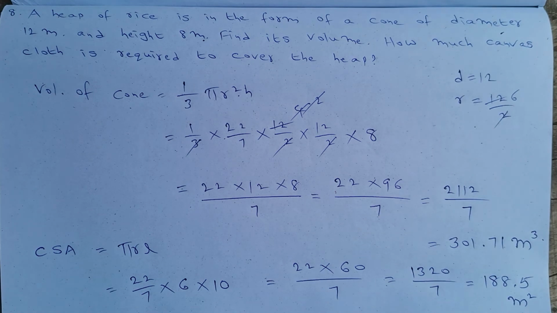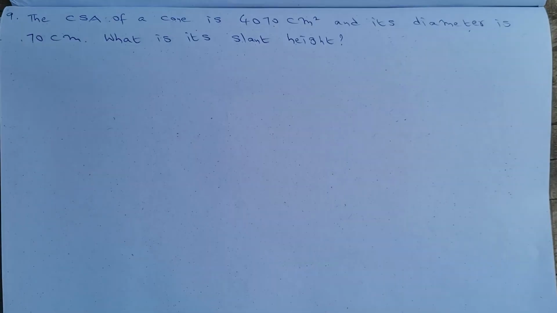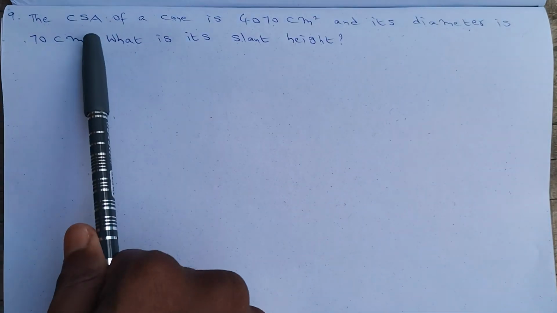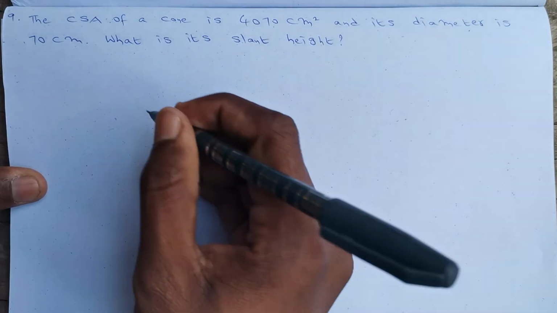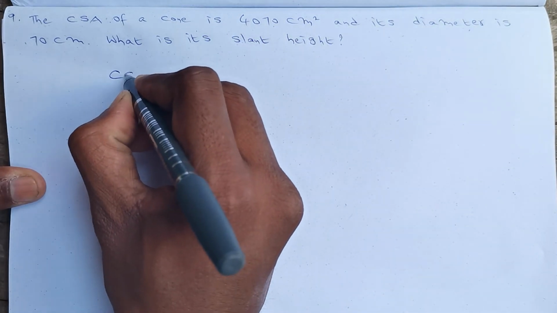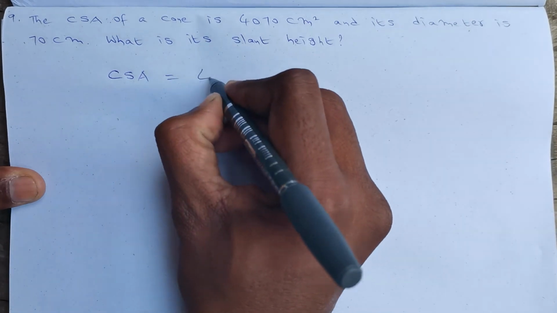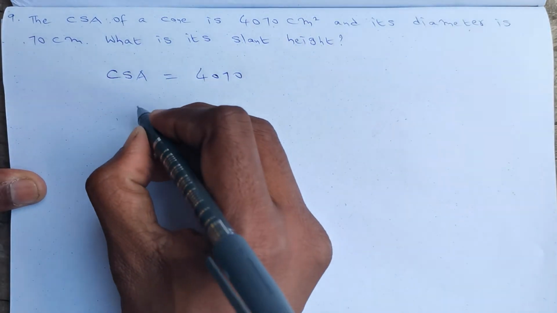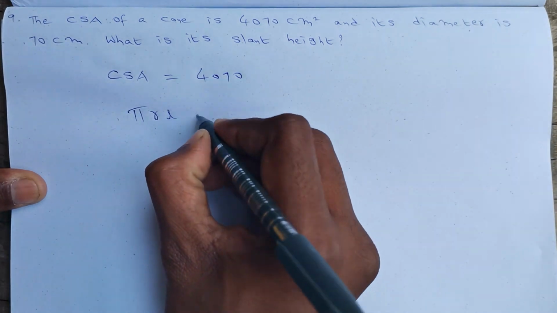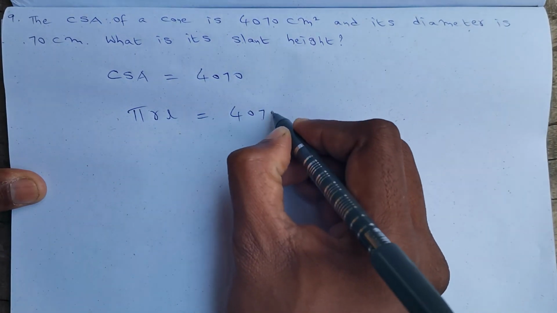Okay, let us check the last problem in this exercise. The question is, the CSA, curved surface area of a cone, is given as 4070. So what is the formula for curved surface area of a cone? That is pi RL. Pi RL is given as 4070.